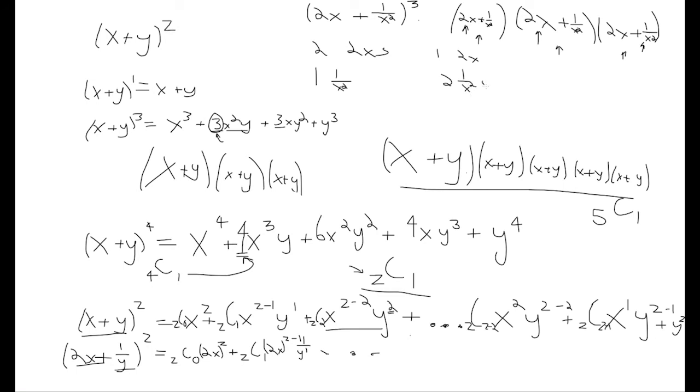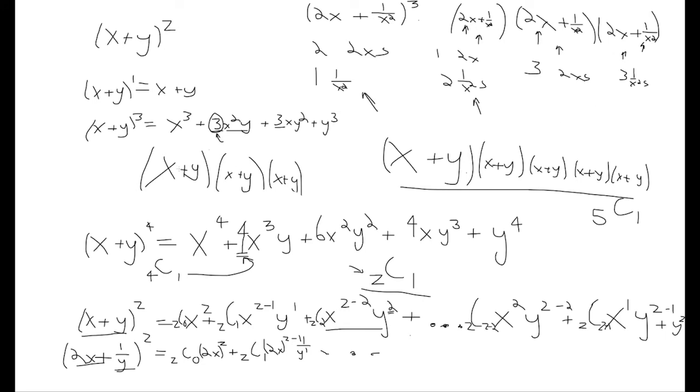You know what I mean? And then you could have 3 2x's or 3 1 over x squareds. So these are our four scenarios for different numbers of those things. Right? Okay.